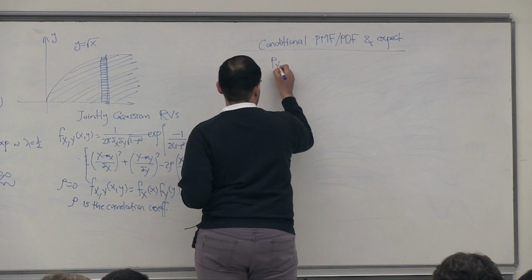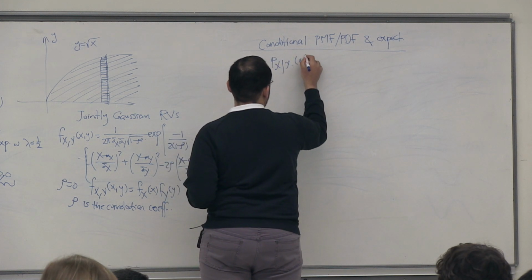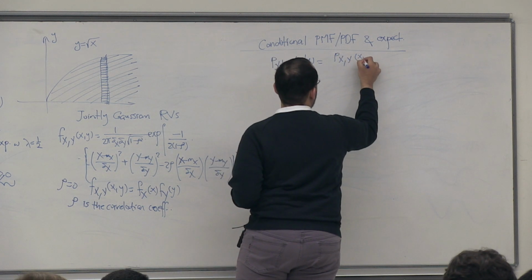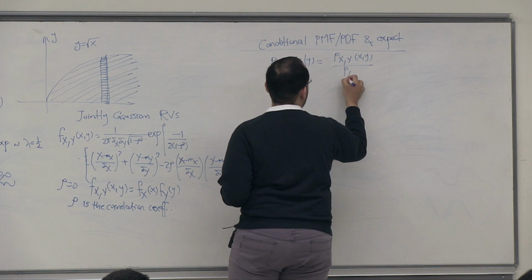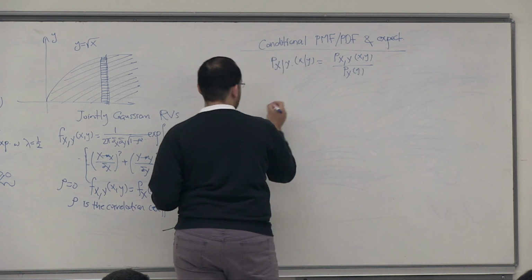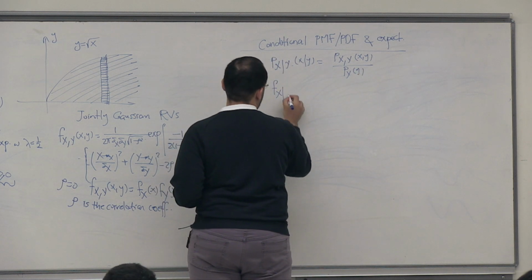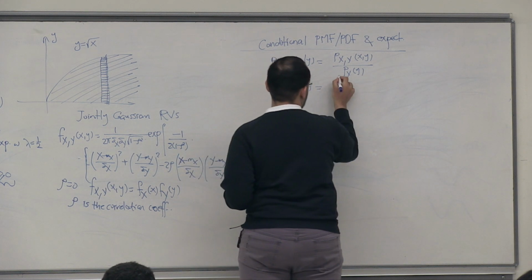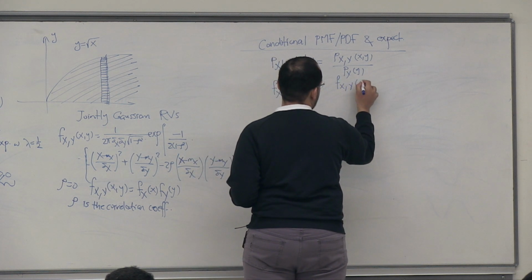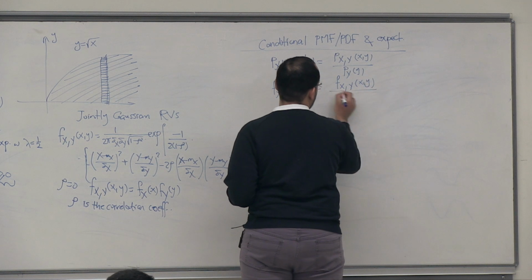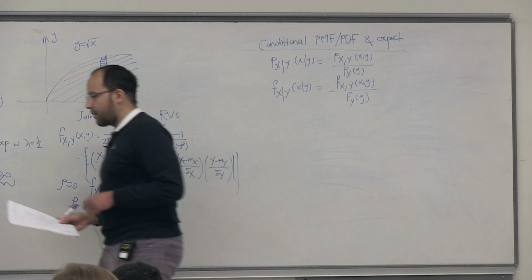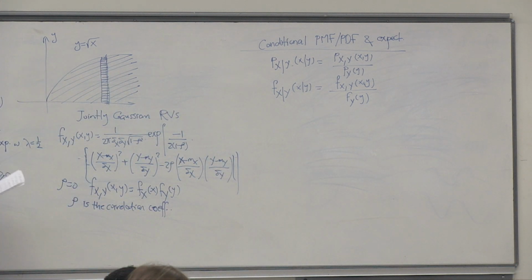P x given y of x given y is pxy of x, y divided by py of y. f x given y of x given y is fxy of x and y divided by fy of y. You can do the same thing for x. There is no need to really repeat this.